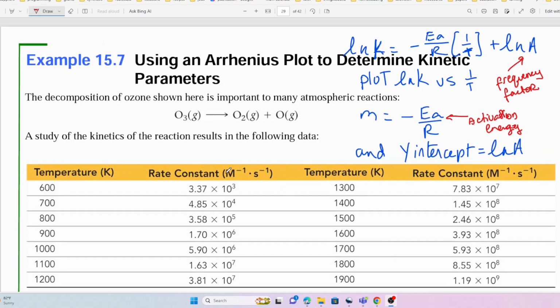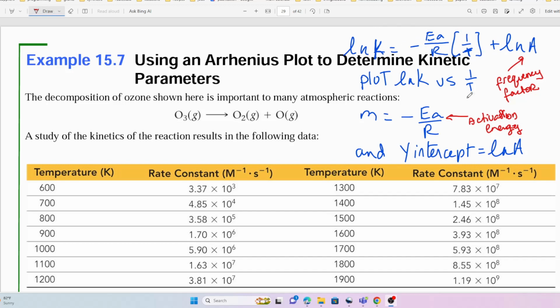So here we have the rate constant versus the temperature. So we see that the rate constant increases with increasing temperature. The Arrhenius equation can be rearranged to ln of k equals negative EA over R times 1 over T plus ln of A. And this is our y equals mx plus b, our linear equation.